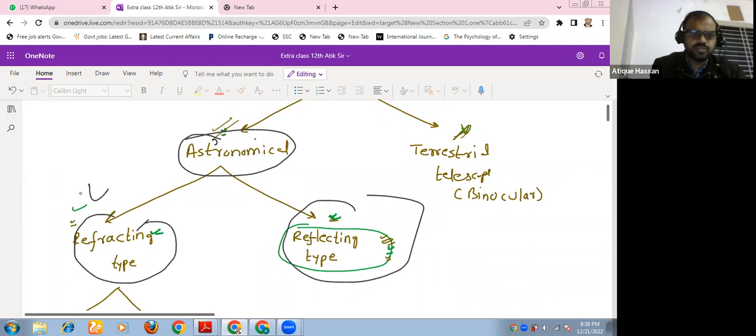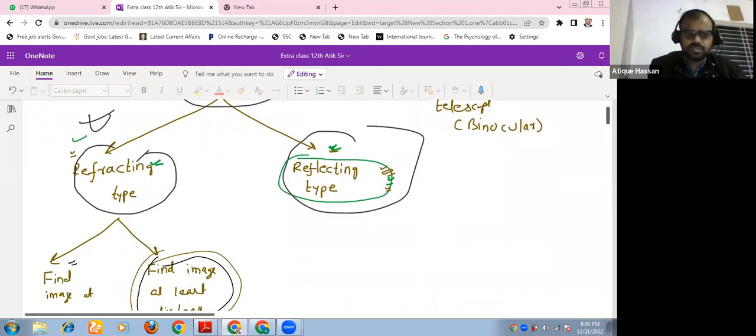The most important one is the refracting type telescope, which is also in your syllabus. In 90% of cases, questions will be asked from the refracting type, which we are going to study in detail. We are not going to study the terrestrial telescope. It has three lenses and all, so we don't have to go into detail about it.